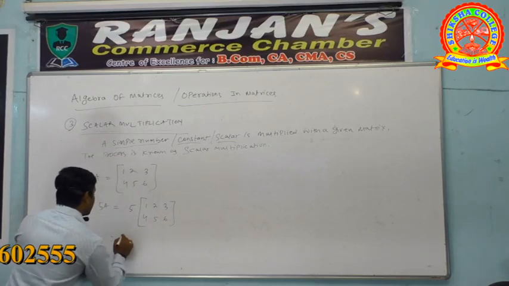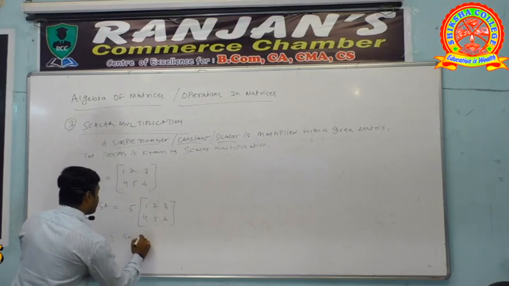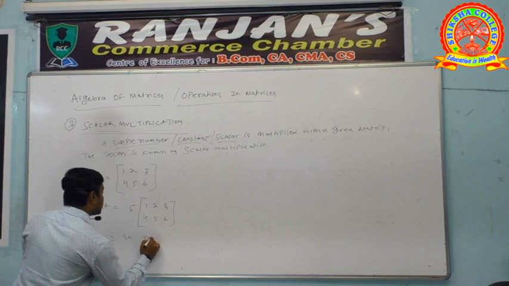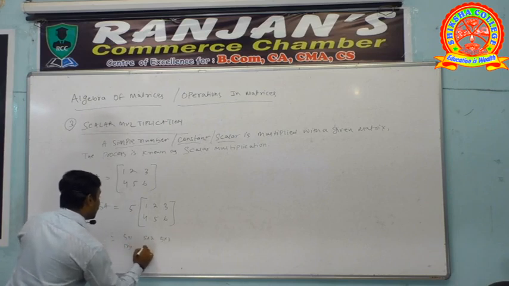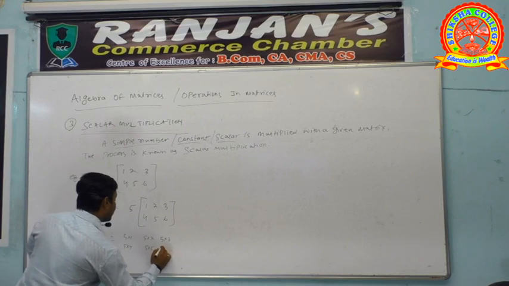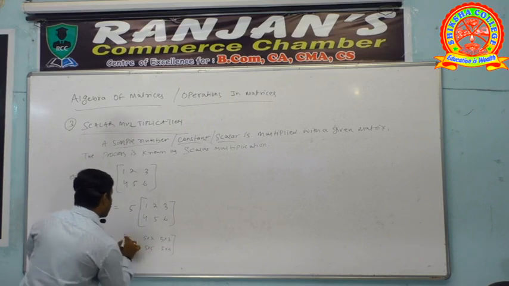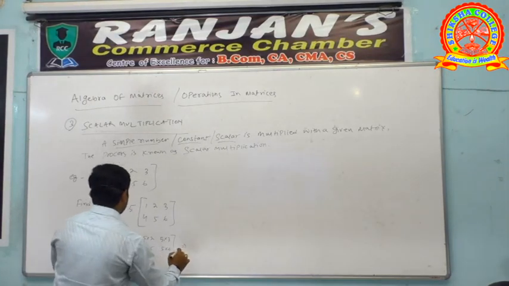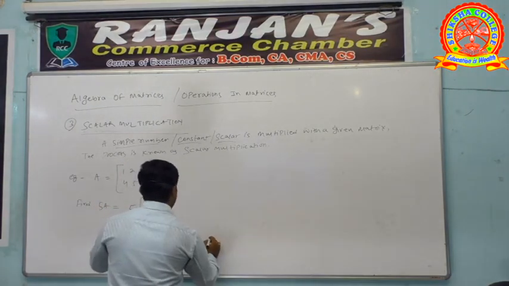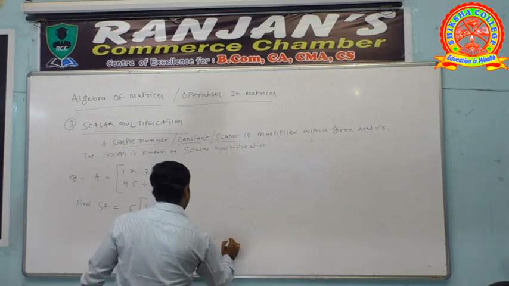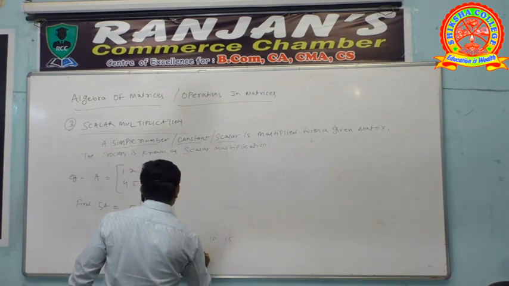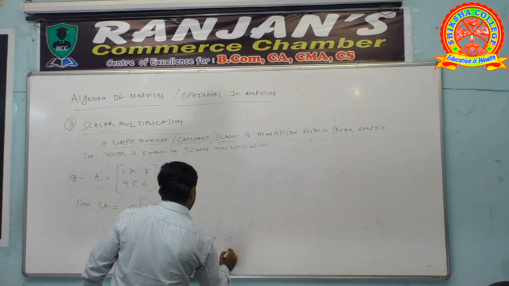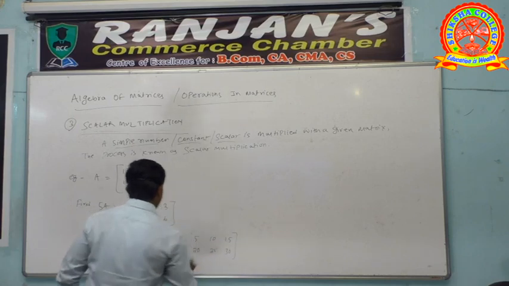It means 5 into 1, 5 into 2, 5 into 3, 5 into 4, 5 into 5, 5 into 6. Means 5 is multiplied with each and every element. That we get 5 ones are 5, 5 twos are 10, 5 threes are 15, 5 fours are 20, 5 fives are 25, 5 sixes are 30. Okay.